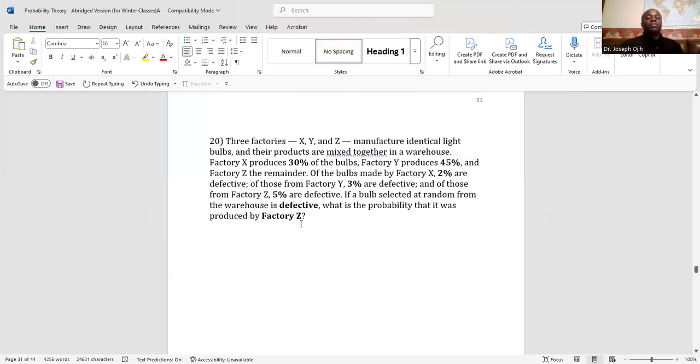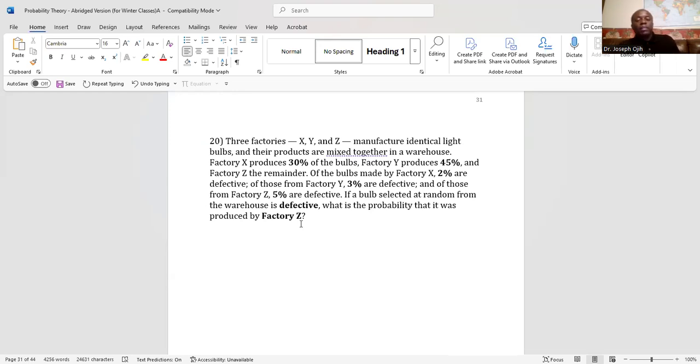It says, three factories, X, Y, Z, manufacture identical light bulbs, and their products are mixed together in a warehouse. Factory X produces 30% of the bulbs, factory Y produces 45%, and factory Z the remainder. Of the bulbs made by factory X, 2% are defective.